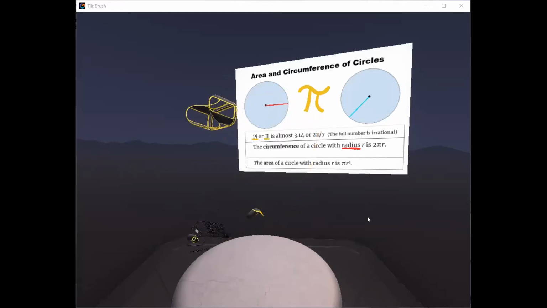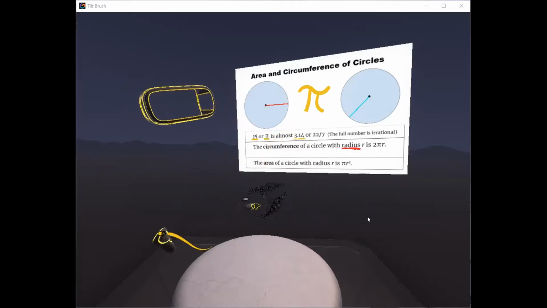Pi is a symbol, and it stands for a ratio. It stands for a specific number. And the number that we teach you when you are in 7th grade, although you'll see there's more to it, is we ask you to memorize 3.14. Anytime you see the symbol of pi, if you plug in 3.14 for most middle school level work, that's kind of all we're looking for.